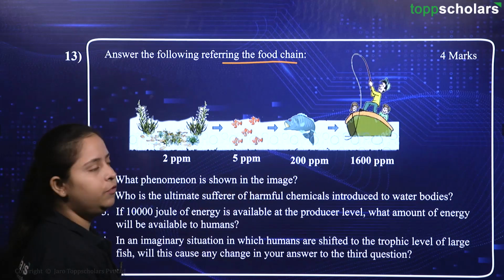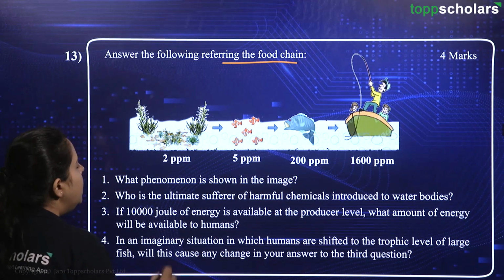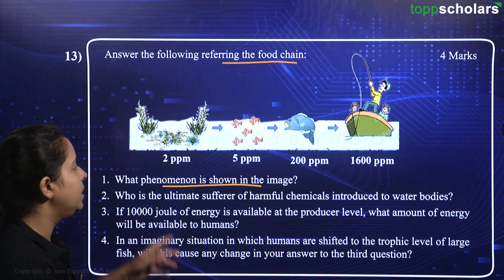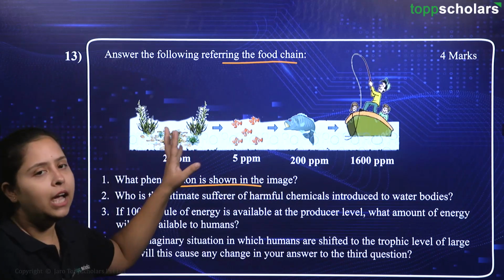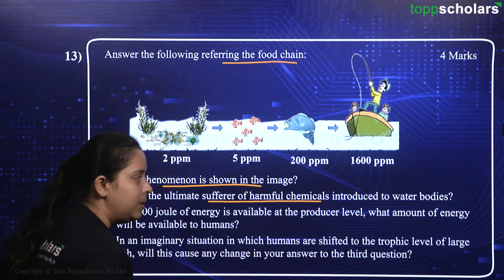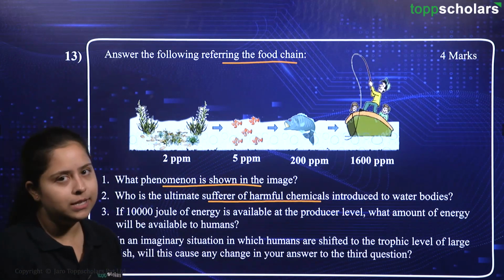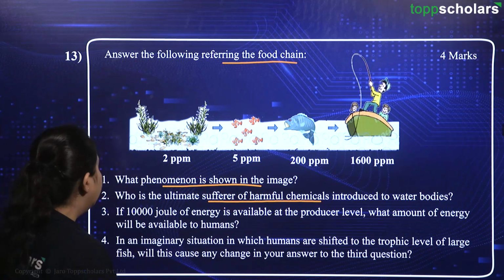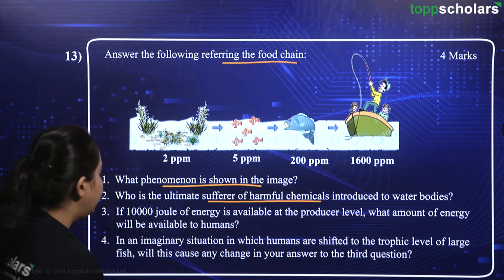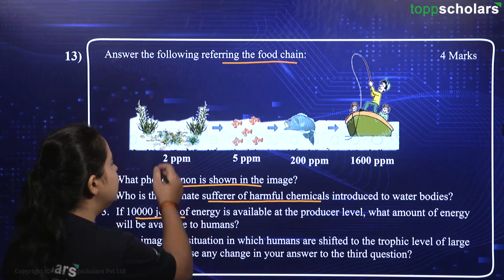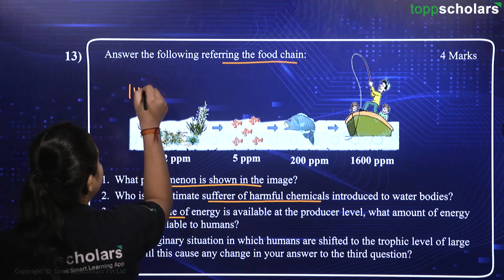Coming back to the question, answer the following referring to the food chain. This is the food chain that is being given to us. First, what phenomenon is shown in the image? Then, who is the ultimate sufferer of harmful chemicals introduced to water bodies? We need to identify the ultimate sufferer. Then, we are provided a situation in which 10,000 joule of energy is available at the producer level.